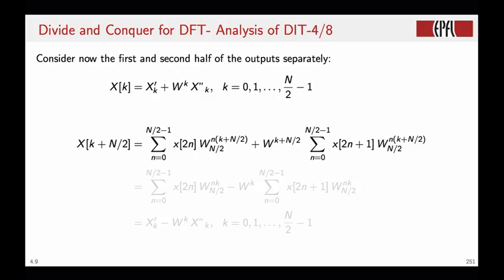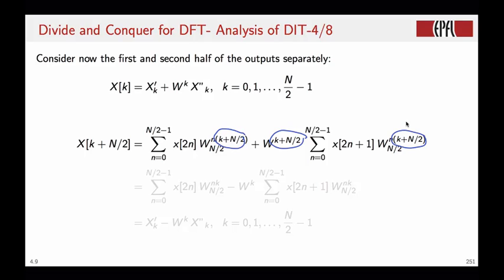For the second half, k still goes from 0 to capital N/2 minus 1. We simply add a shift here by N/2. So we just write out the formulas as we had, and it simply creates these little elements here in the exponent, and we have to worry what this will do.